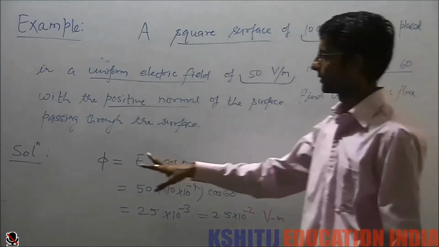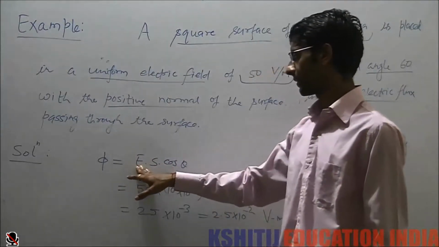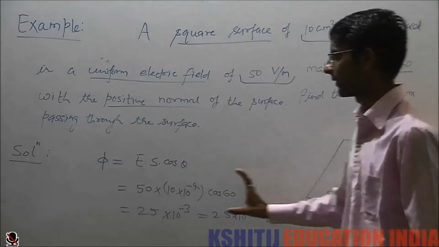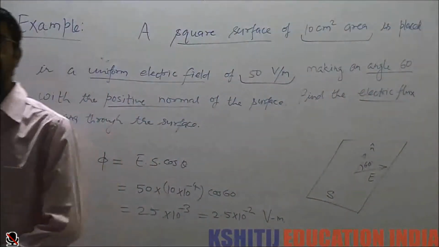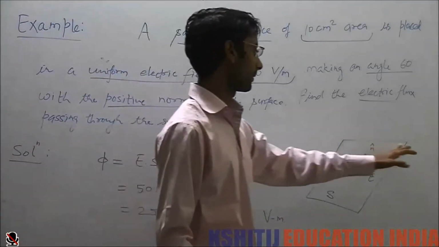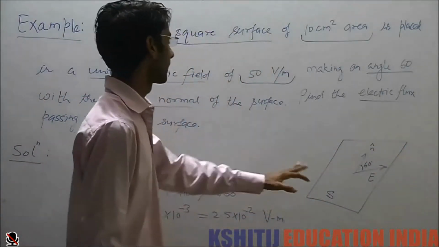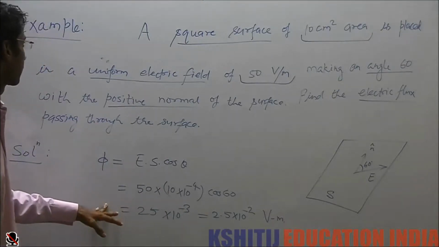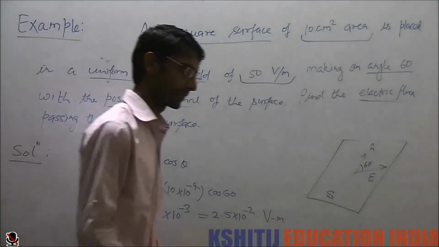So here we are using that the electric field direction is known to us, the surface area is known to us, and we have put in the values and got the answer. So when we have a simple clear-cut surface, you can easily find the electric flux passing over it.